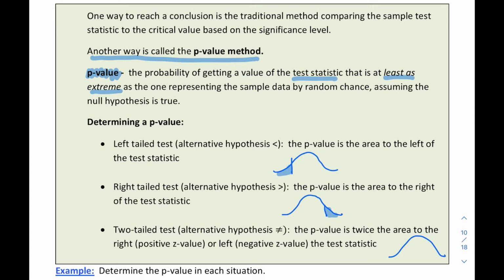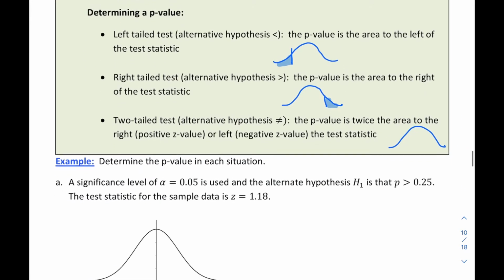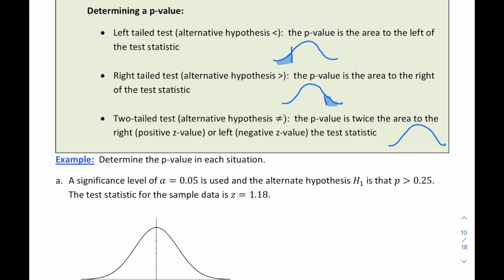If those odds are really low, then you probably are going to need to conclude that your null hypothesis is not correct. So to determine this p-value that's going to allow you to make your conclusion, it is based on your test statistic and your normal distribution.